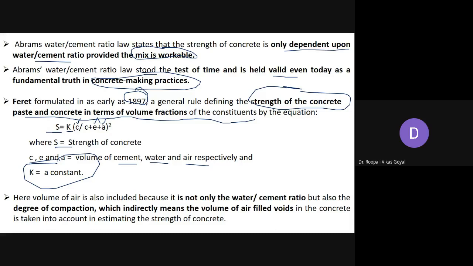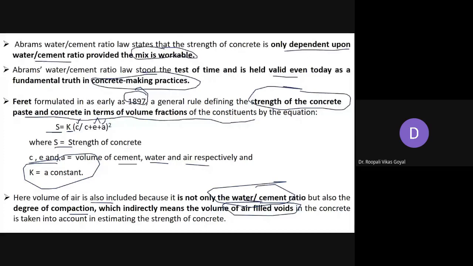Here the volume of air is also included, because it is not only the water cement ratio but also the degree of compaction, which indirectly means the volume of air filled voids. The more voids, the more air, the more it will affect your strength of concrete. So air voids are also equally important.